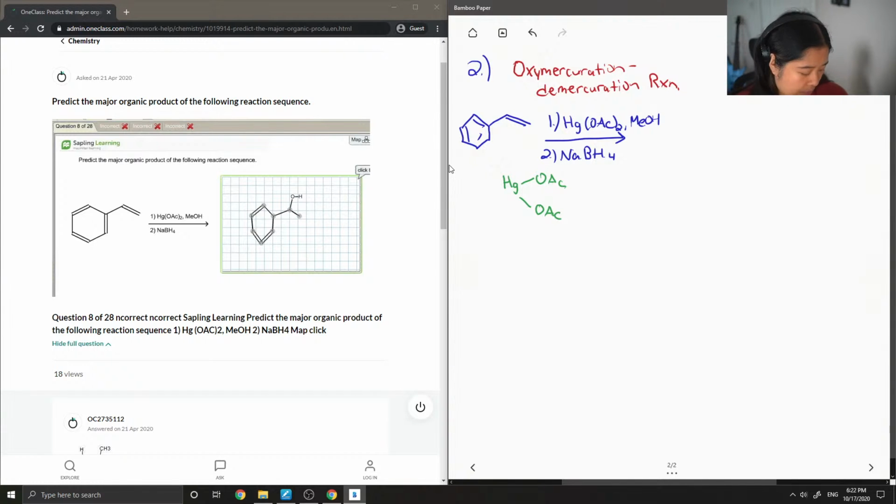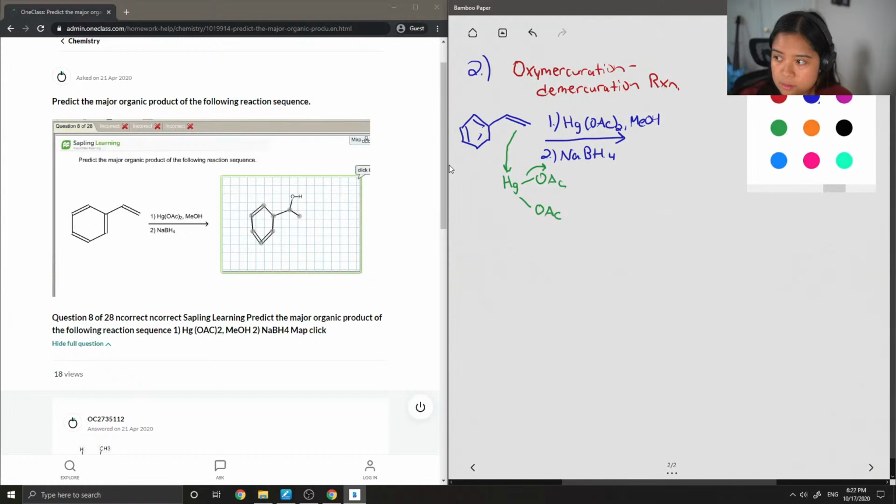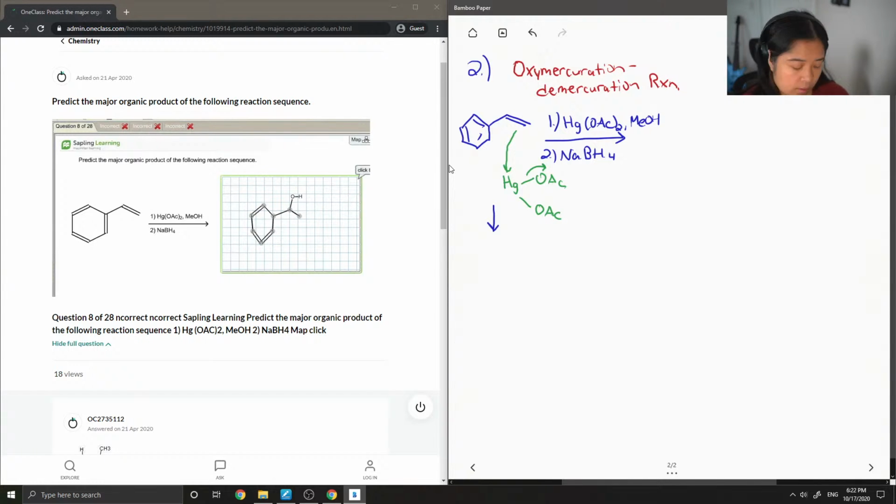Okay, so basically the double bond here will attack our mercuric acetate, kicking off one of those groups. And then you're left with the compound like this. Okay, so you can see that this carbon has lost its double bond.